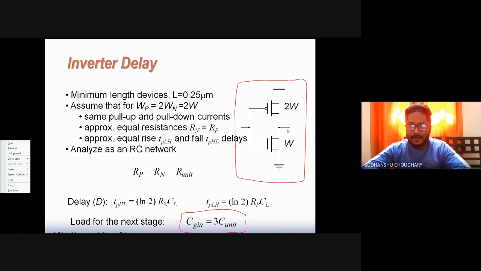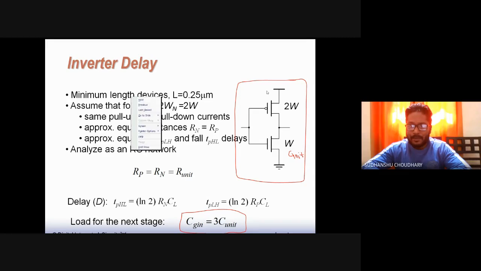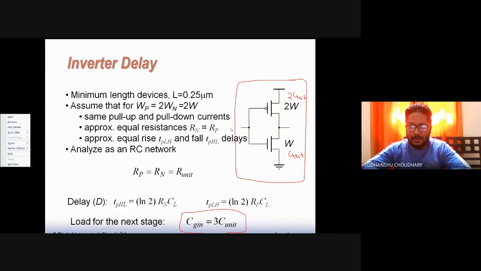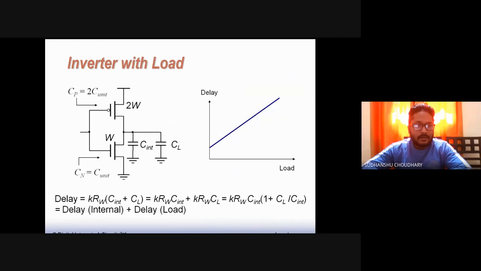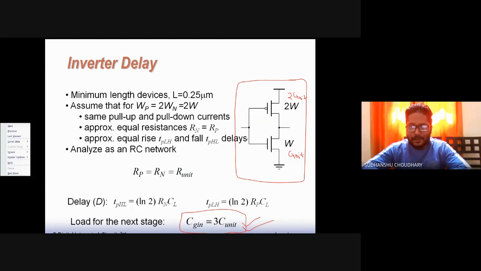So if I say that the capacitance of this NMOS is C unit, that means the capacitance of my PMOS will be 2 times C unit. So the total gate capacitance, that is the total capacitance at the input, will be equal to 3 times C unit. Now this 3 times C unit will appear as a load to the previous stage.